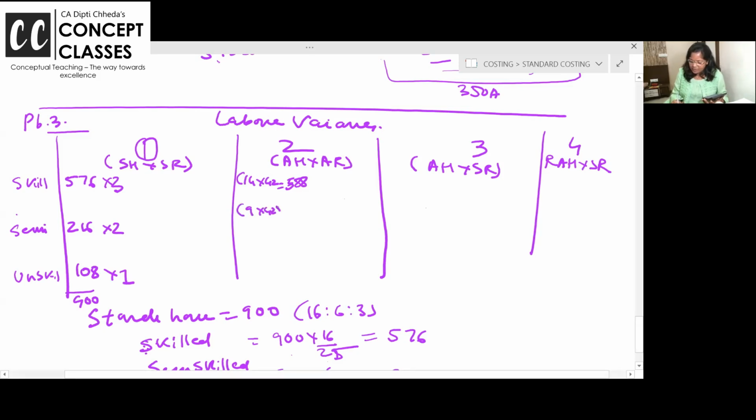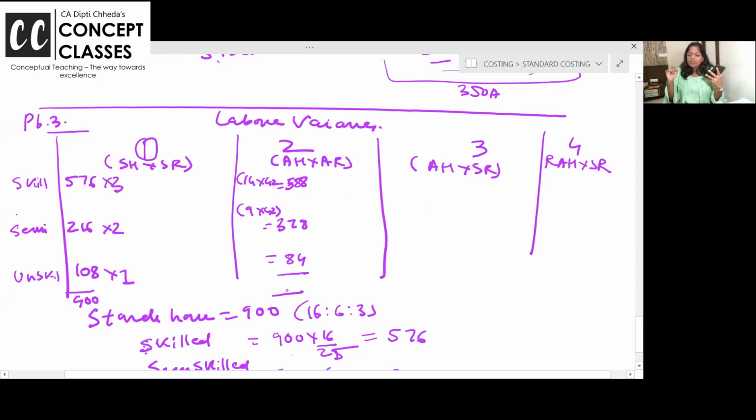Nine workers are working 42, 378. Two workers are working 42, 84 hours. Anyone in the class is having doubt?